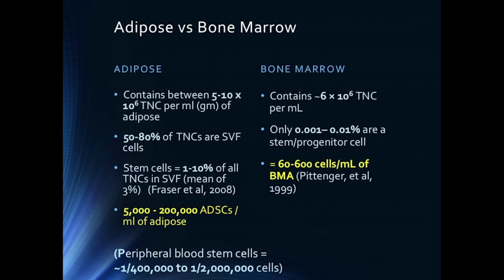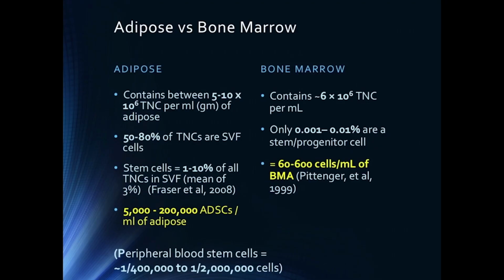Of the stromal vascular cells, the stem cells themselves represent between 1 and 10%, and Fraser has said it's really about an average of 3% of the total nucleated cells in the stromal vascular fraction are actual stem cells, okay? Therefore, you're going to get between 5,000 and 200,000 adipose-derived stem cells from a gram or milliliter of processed adipose.